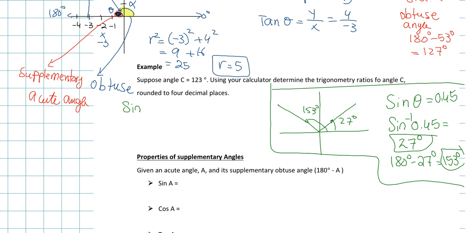Or would be cosine 123? The primary trig ratio, so sine of 123, cosine 123, tan 123. Simple, easy.